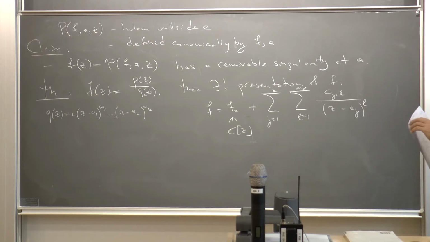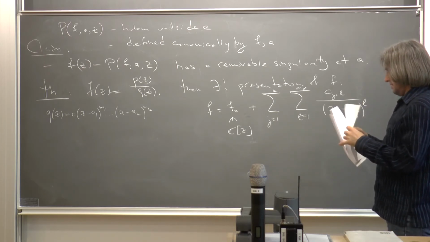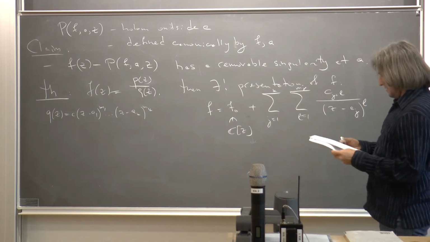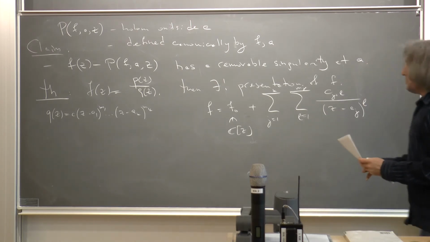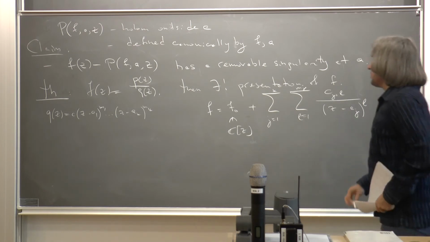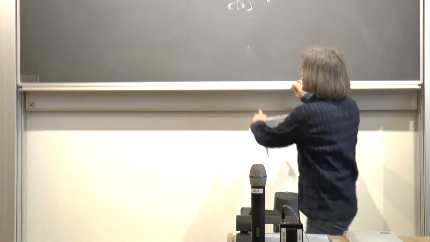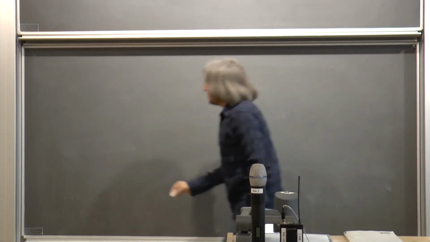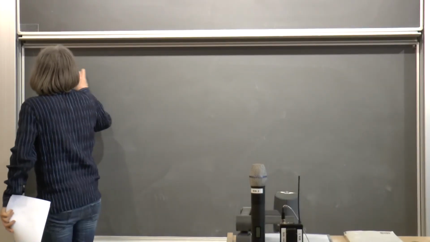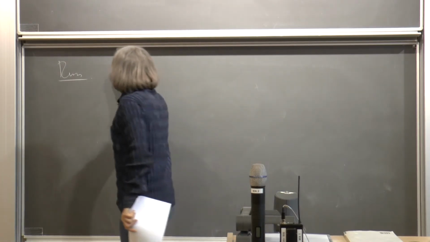So this is a presentation of f as a sum of simple rational functions. I don't have time to talk about uniqueness. Let me prove existence, because it's interesting. Let me remark that even though we are studying complex analysis, this fact is algebraic.